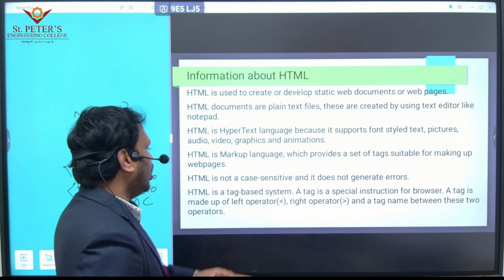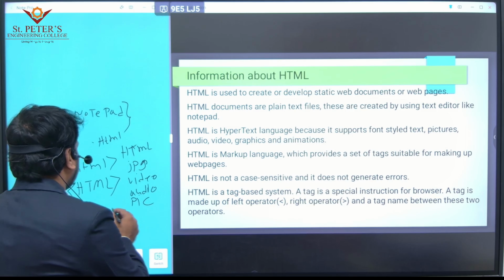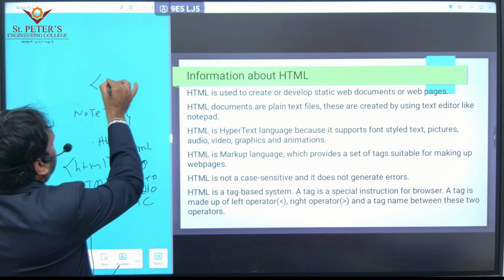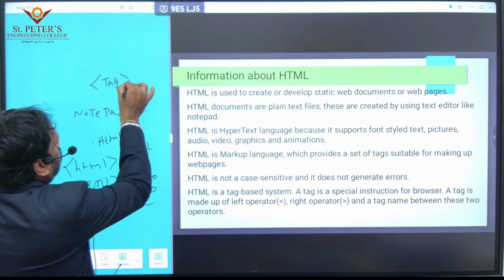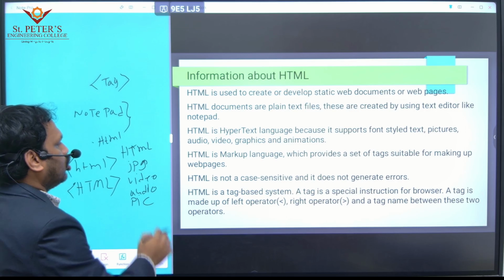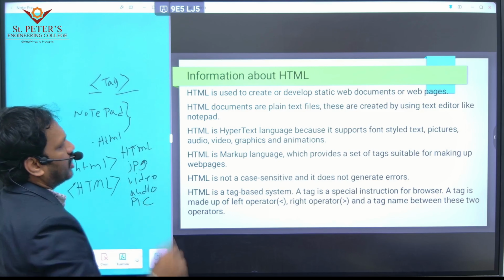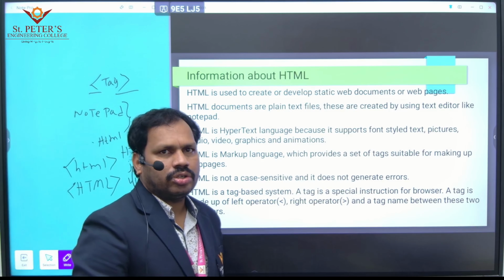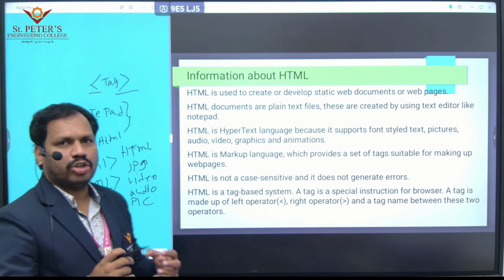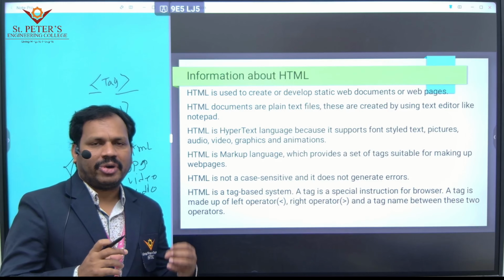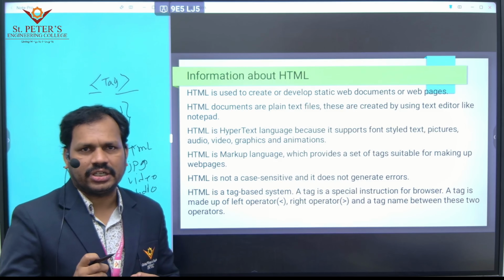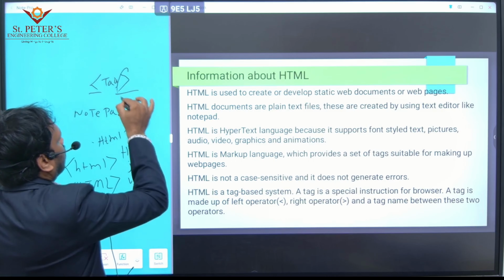HTML is a tag based system, as I specified earlier. Tags are written between two operators, the less than operator and the greater than operator. Whatever we write in between is the tag.